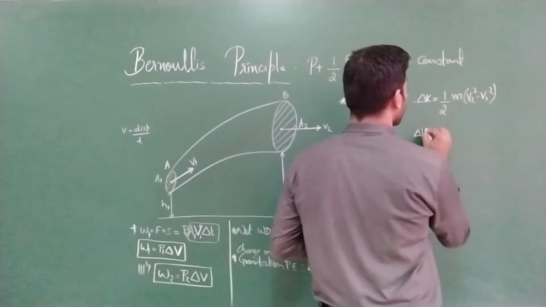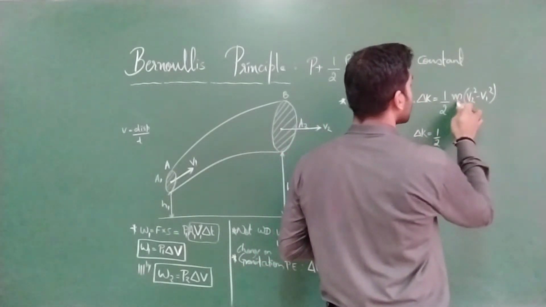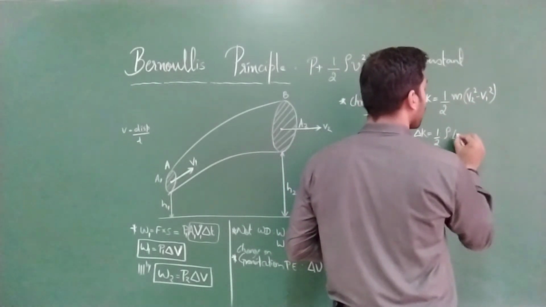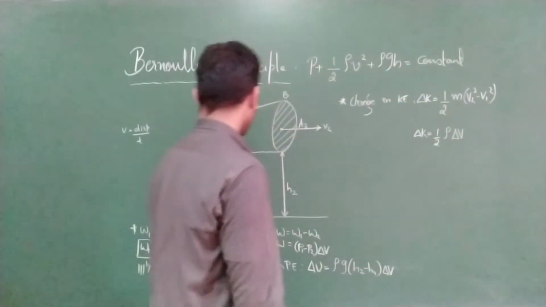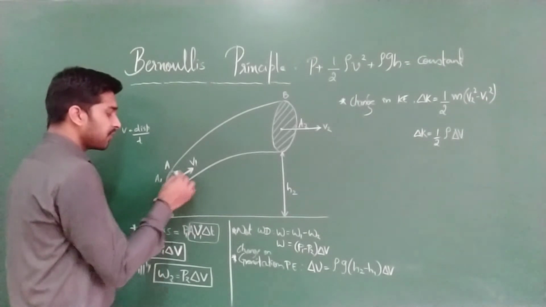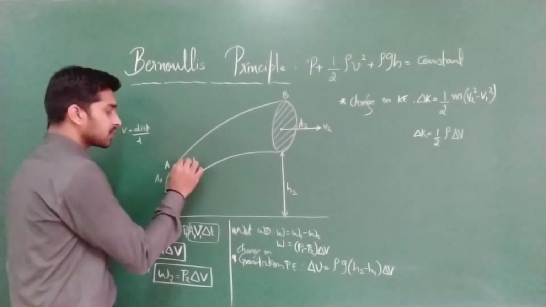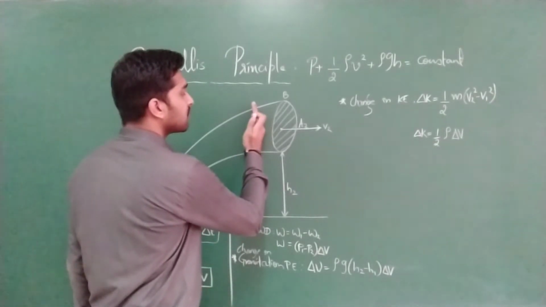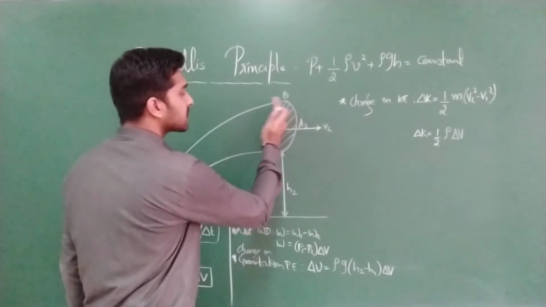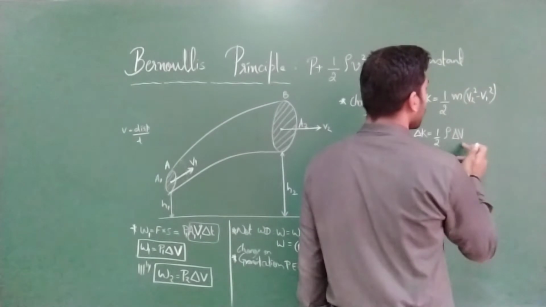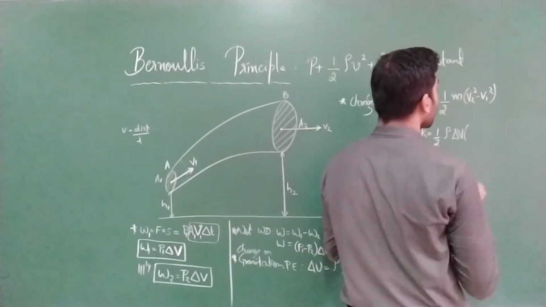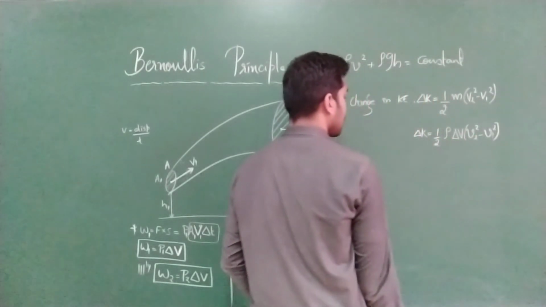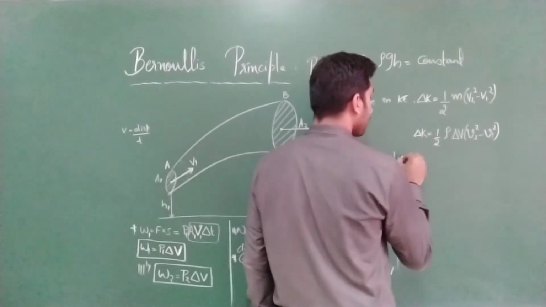So delta K is equal to half rho into delta V, for V we are considering a small volume element, into v2 square minus v1 square.